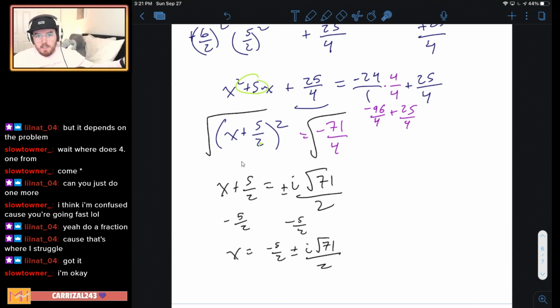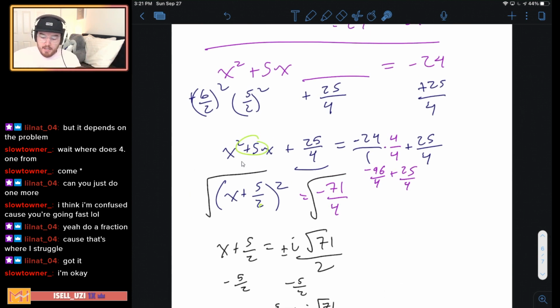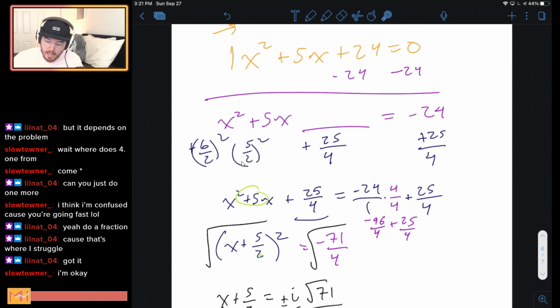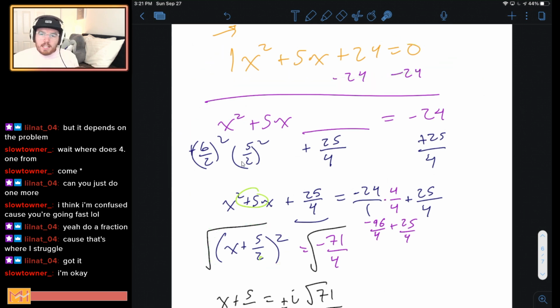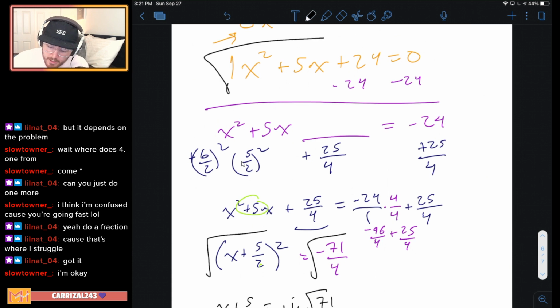That's the same as last class. The new part here is how do we get from this to this, right? That's what we're trying to achieve. Because at the start of the problem, it's not like I can just take the square root of the whole thing. That doesn't make any sense, right? I have to have just this one squared thing on one side and everything else on the other. I need a constant on the other side.